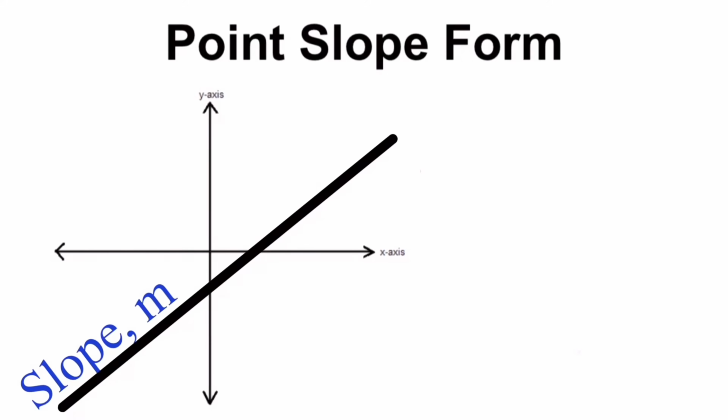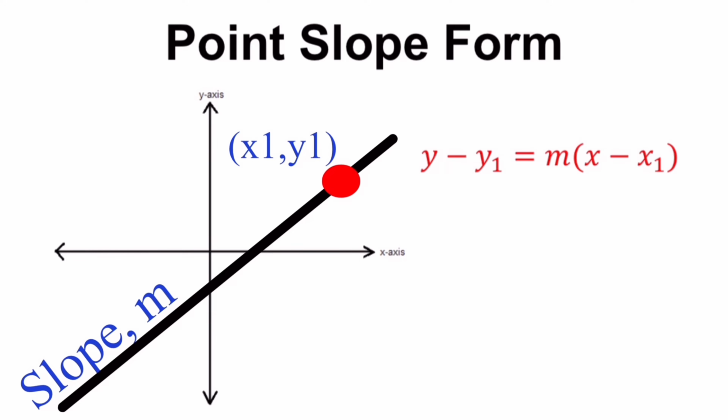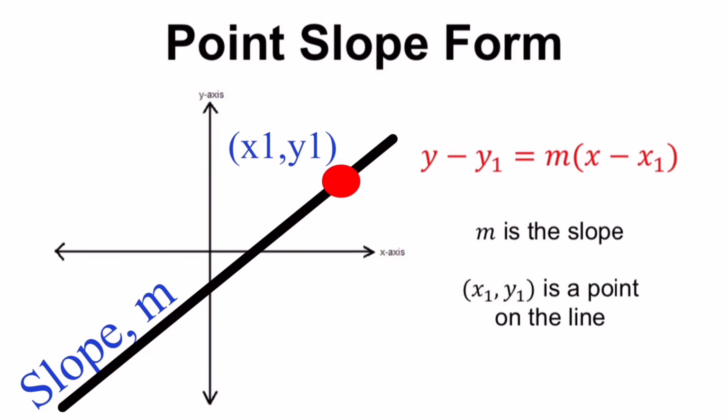So if we are given the slope of a line and a point, we label this as (x1, y1). We can go ahead and determine the equation of this line by using the formula y minus y sub 1 equals m times the quantity x minus x sub 1, where m is the slope and the coordinates (x sub 1, y sub 1) are a point on the line.